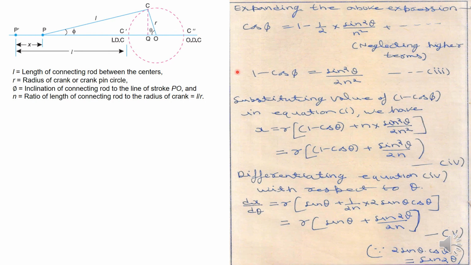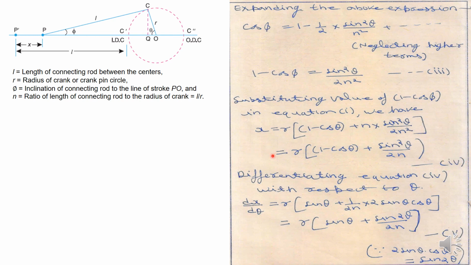Now substitute the value of 1 minus cos phi in equation 1. Then x is equal to r(1 minus cos theta) plus n multiplied by sin square theta upon 2n square, that is, r(1 minus cos theta) plus sin square theta upon 2n. This is equation number 4.